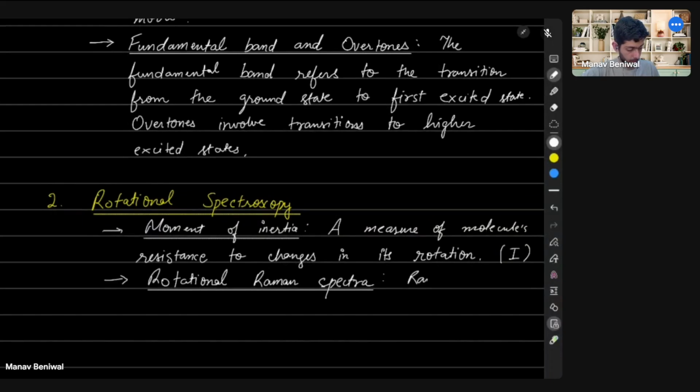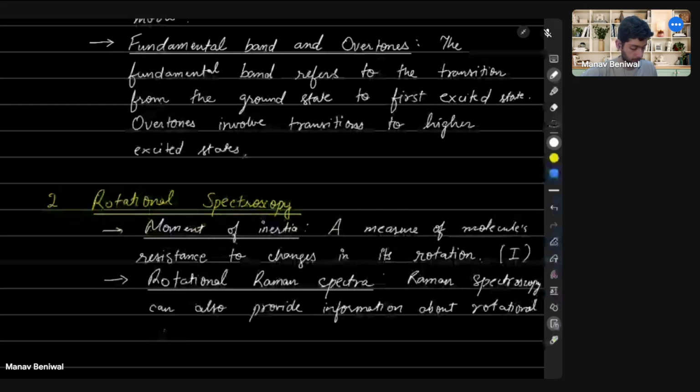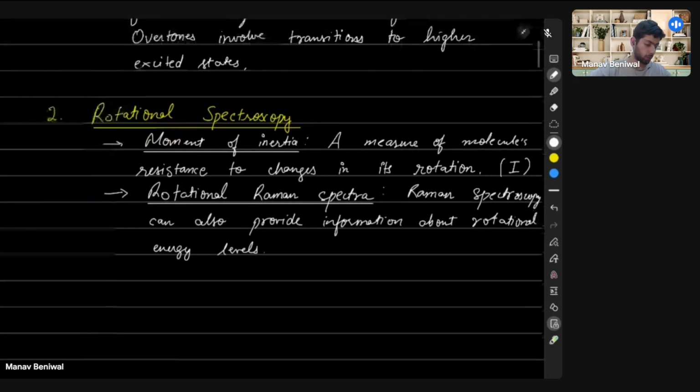Raman spectroscopy, discussed in the class, can also provide information about rotational energy levels. Again, we are not going into details, this is just a summary. We'll solve some problems and then we'll have a better idea what we are talking about.